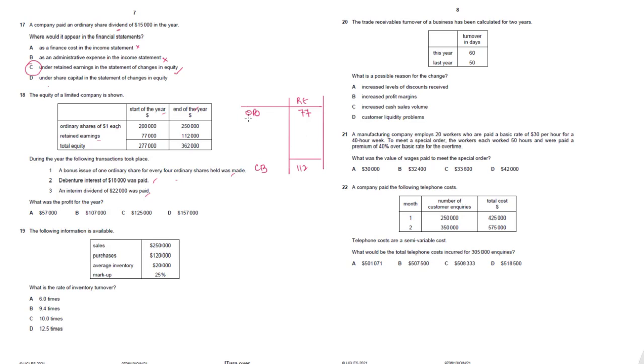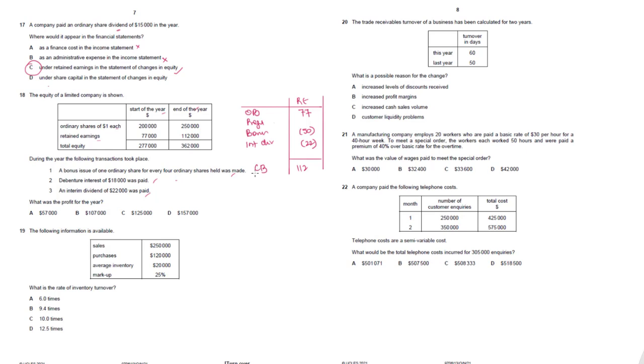What would be the transactions that would appear during the year? We would have profit, which we don't know. We need to calculate this. Then bonus issue was made, 1 for every 4. At the start of the year, 200,000. So 1/4 of that, 50,000. So bonus issue minus 50. And interim dividend, 22,000 was paid.